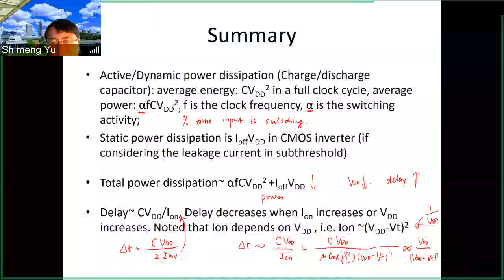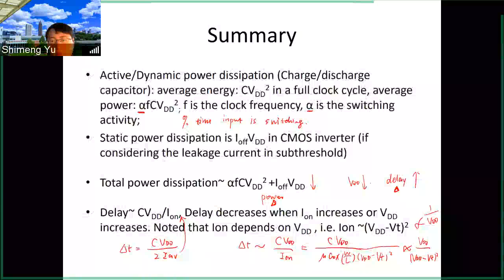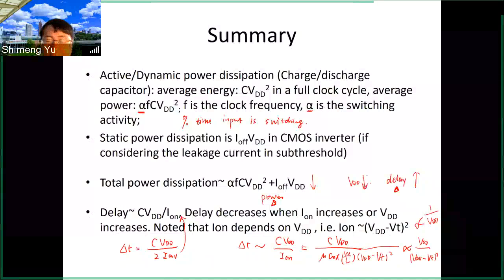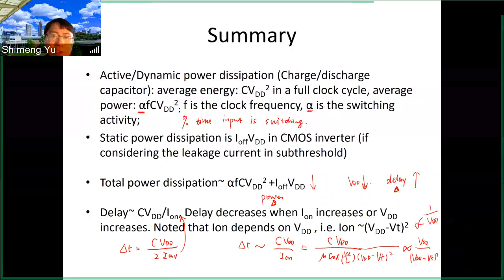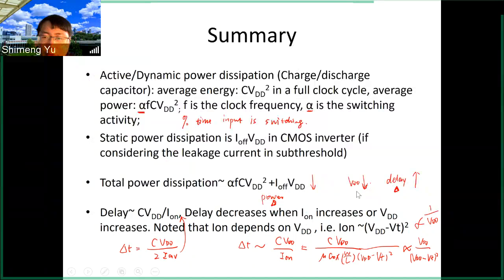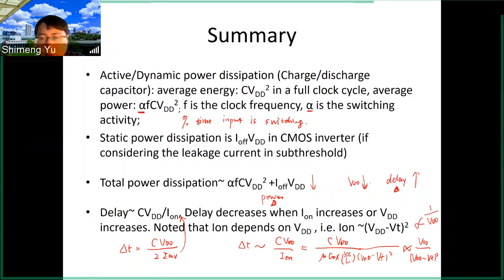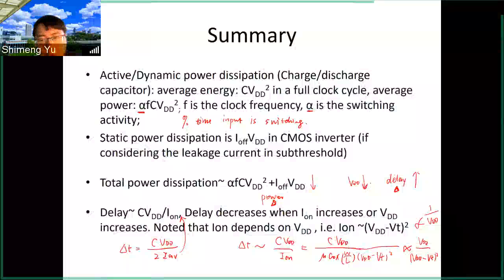There is a fundamental trade-off between power and delay. This is generally true for any digital circuit or for your processor. If you change the power supply voltage, you will gain power but lose delay. There is a fundamental trade-off, and you cannot overcome it.